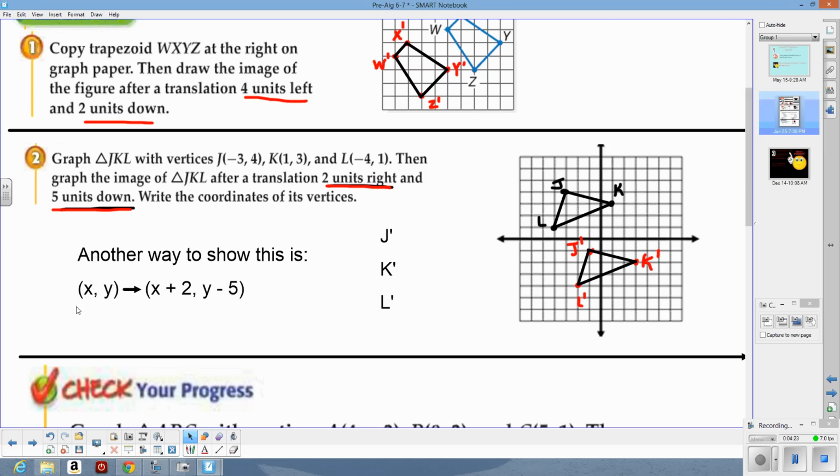They're saying the coordinate (x, y) is going to become (x + 2, y - 5), meaning we're going to add 2 to the x coordinate and we're going to subtract 5 from the y coordinate, or we're going to move it to the right 2 and down 5. Right because it's positive and down because it's negative.